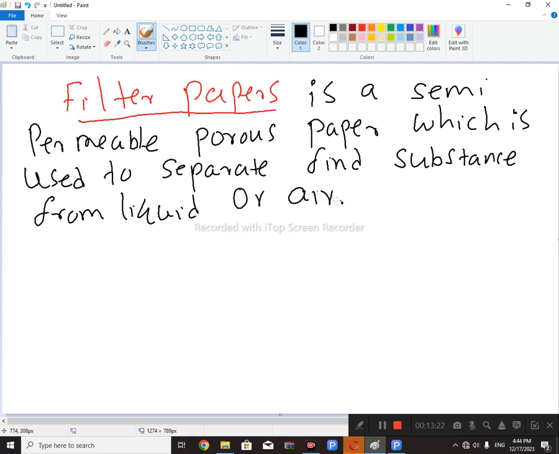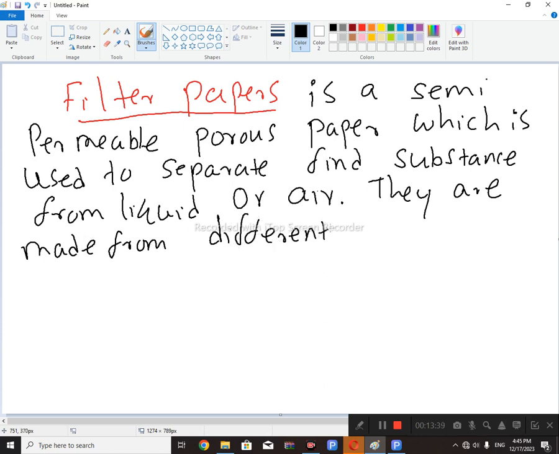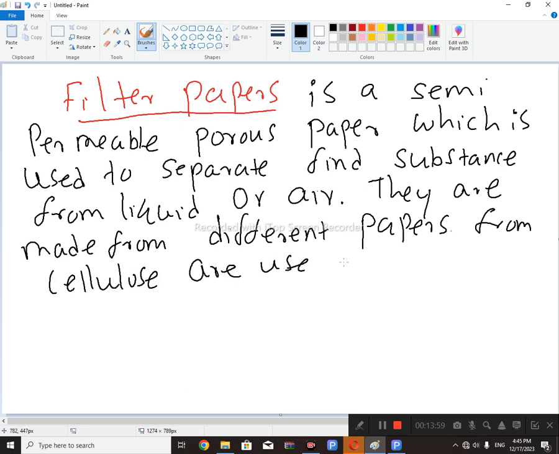They are made from different papers, from cellulose, used traditionally.